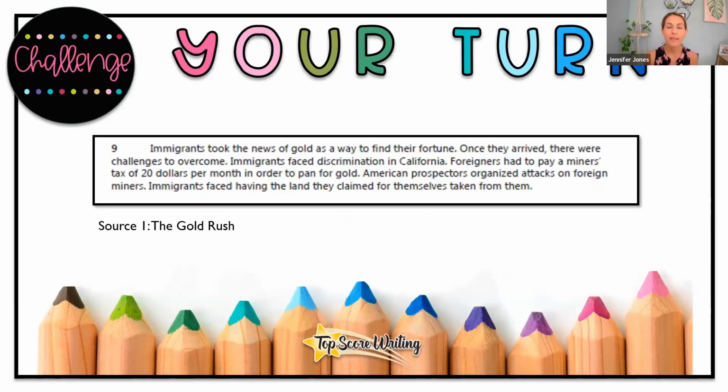So this comes as an excerpt from paragraph 9. It still comes from source 1, the Gold Rush. You're going to choose one sentence out of this paragraph to quote. You will copy the sentence, making sure to use opening and closing quotation marks. And then you will choose to either reference with EBT at the beginning or at the end, or with parenthetical citations at the end.